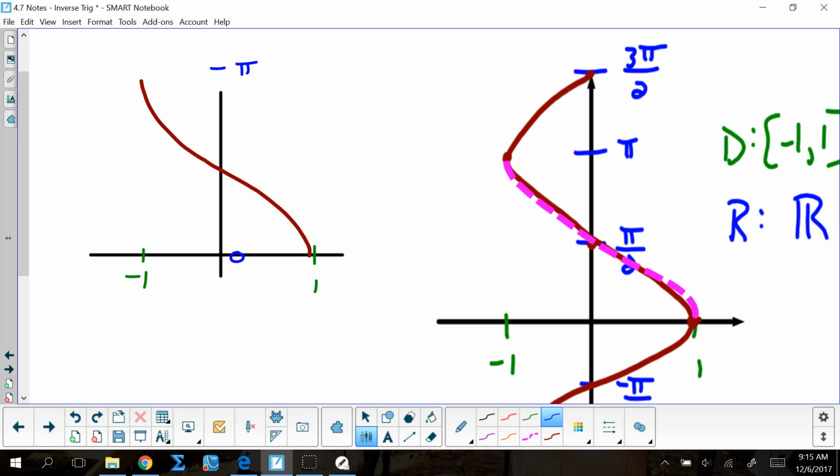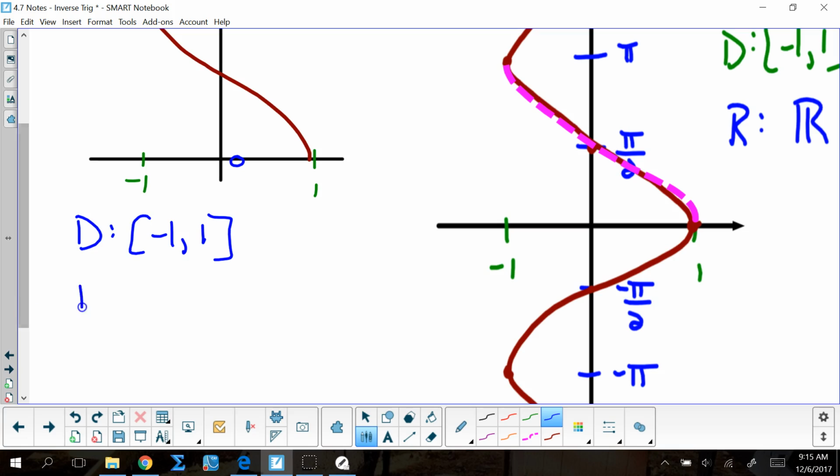So my domain now is negative 1 to positive 1 still, but my range is now 0 to pi, and I'm a function, and I hit every value from negative 1 to positive 1.